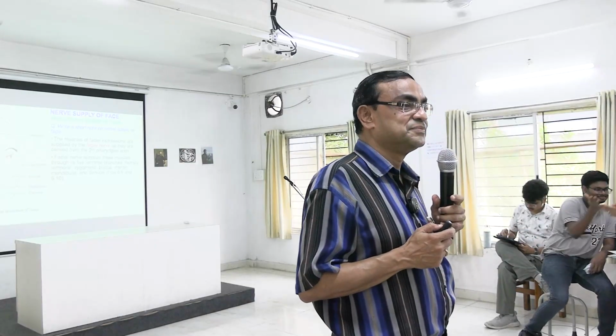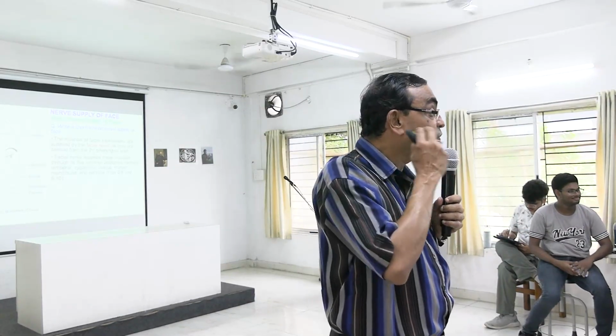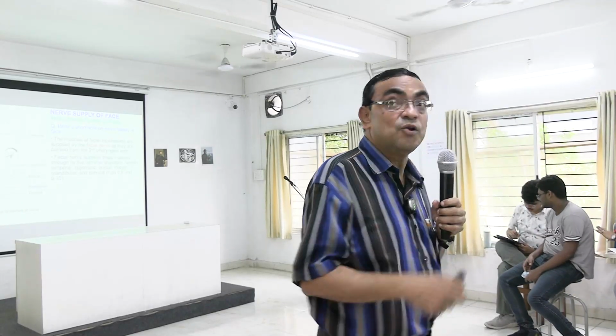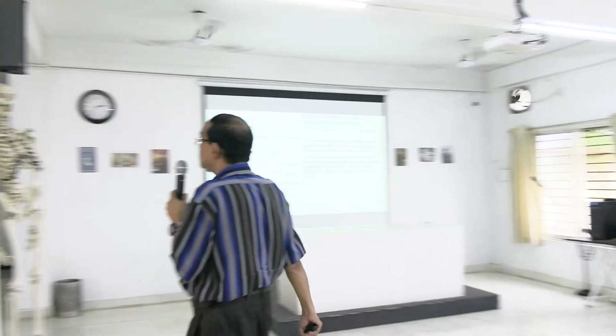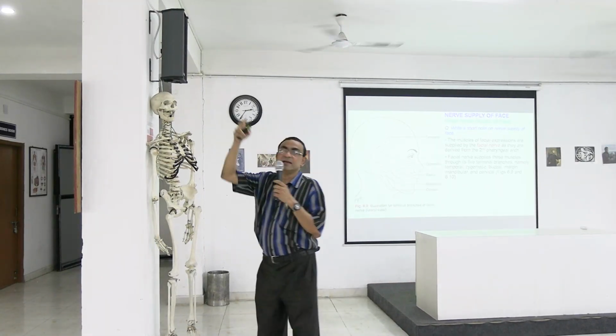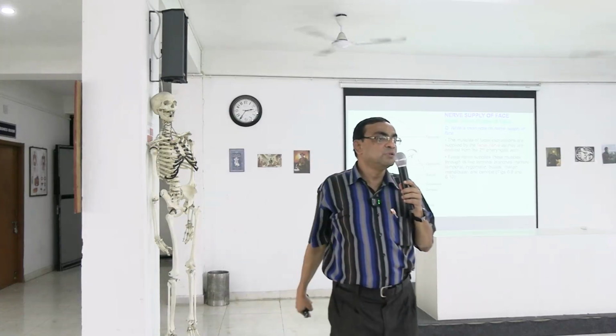And the facial nerve, where can we get it? Within the parotid gland. It comes out through the stylomastoid foramen. And ultimately it will enter into the parotid gland.